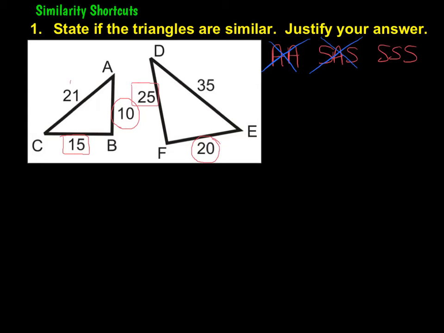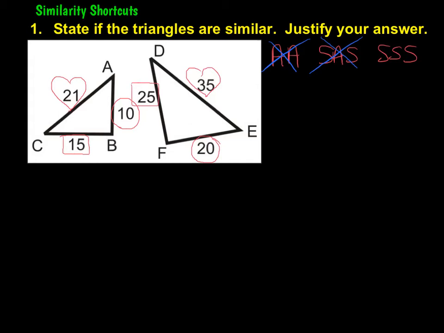And of course, then 21 would have to correspond to 35. Now that we know which sides will be corresponding, we have to set up our fractions. And then we're going to check to see if they are proportional.